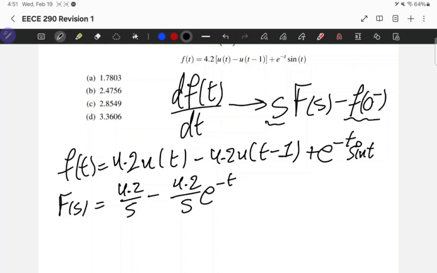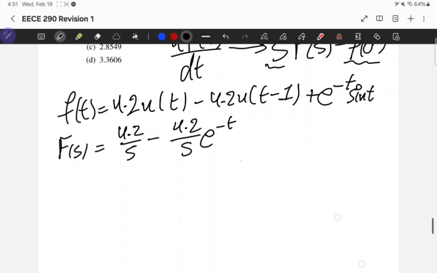Now, why did I do this? Because I know that f of t minus a, u of t minus a, will go to F of s exponential minus as. This is included in the formula sheet. It's one of the rules, one of the functional transforms.